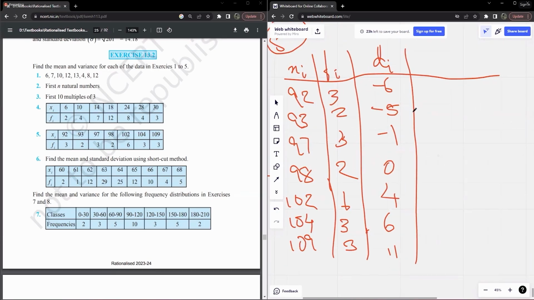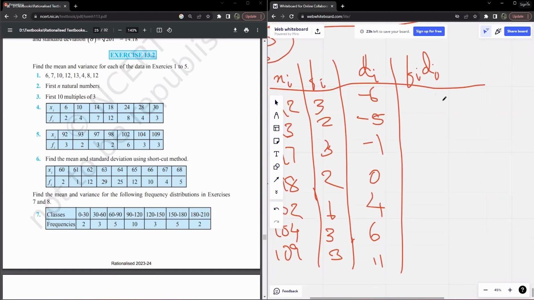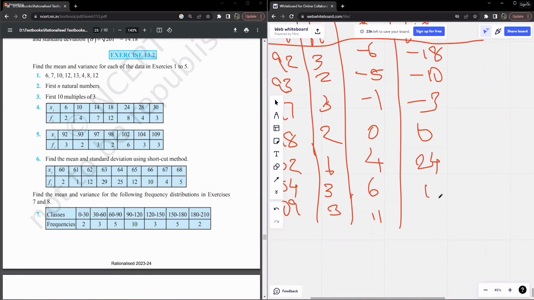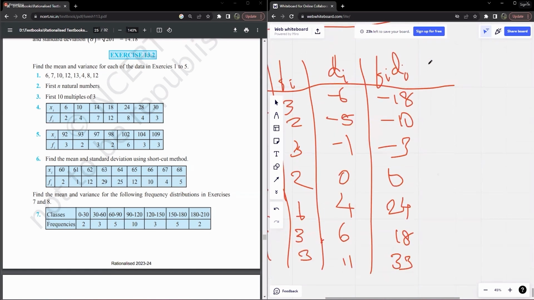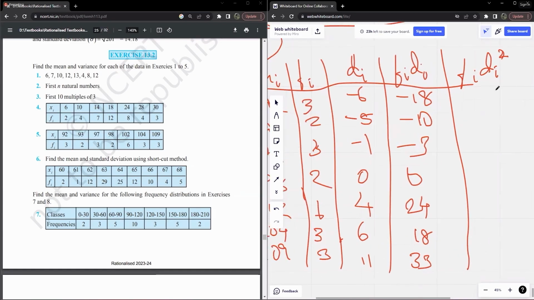Right? Therefore, your fidi's are going to be, this is minus 18, this is minus 10, this is minus 3, this is 0. And then you have a 24 and 18 and a 33. Right? While fidi squares is going to be, this is what 36 threes are, that is 108.